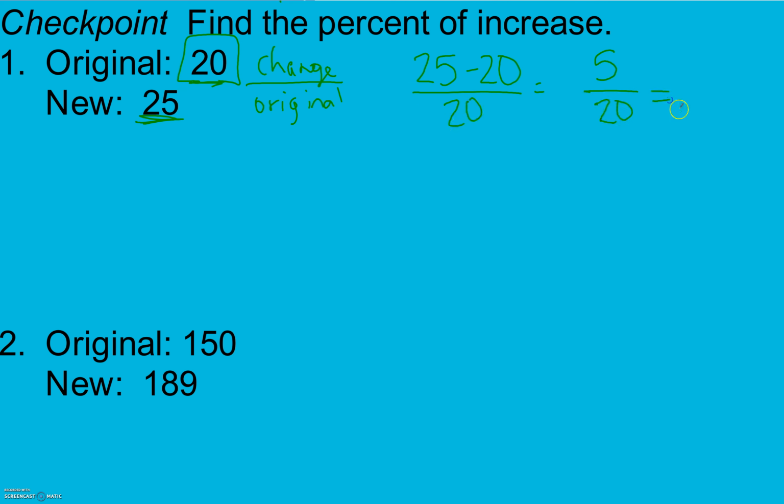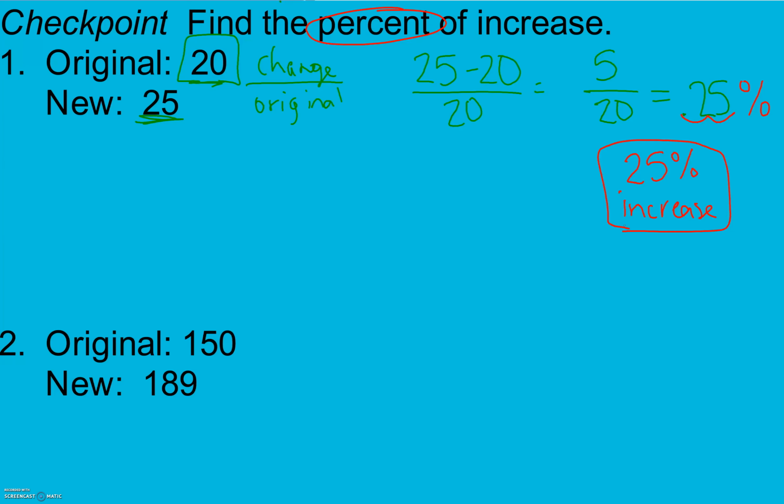When we divide, we get 0.25, and we want to find the percent of increase. So it's two places towards where our percent goes, 25%, and we're going to label that increase. Because we started at 20 and went to 25, our number got bigger, means it's an increase.